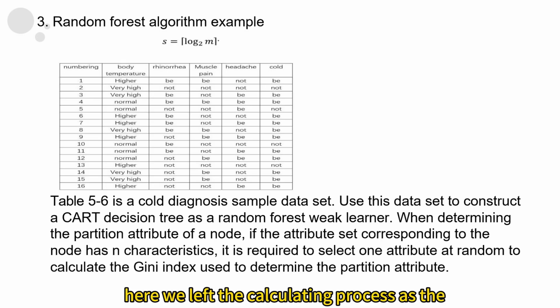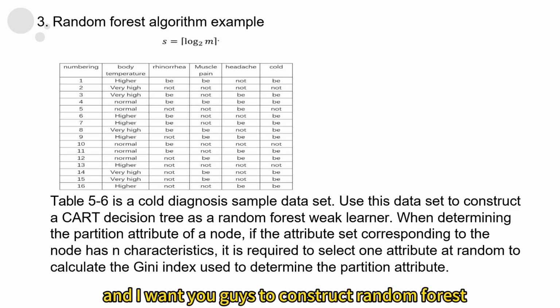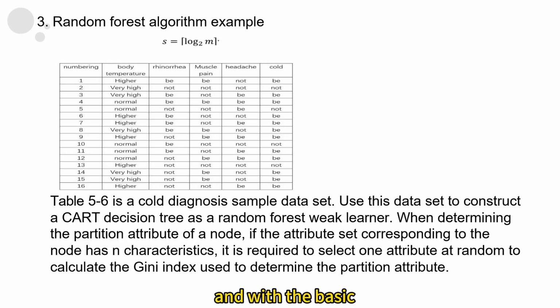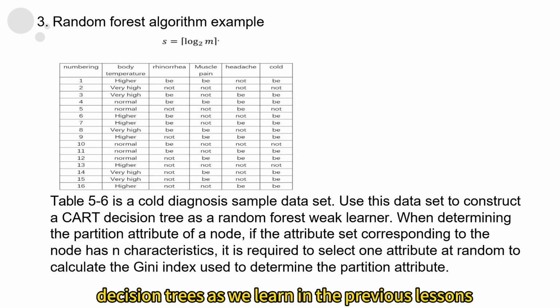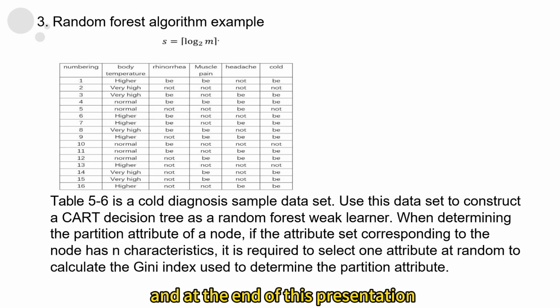Here we leave the calculation process as homework for you to do after this video. I want you to construct a random forest with the basic decision trees as we learned in the previous lessons. You can check whether your answer is right at the end of this presentation.